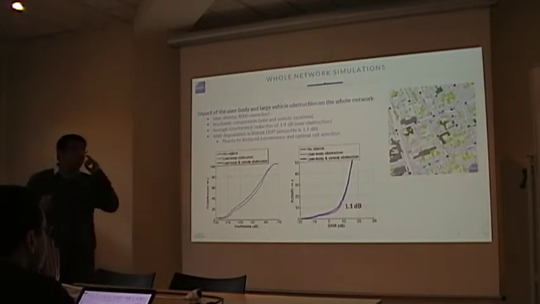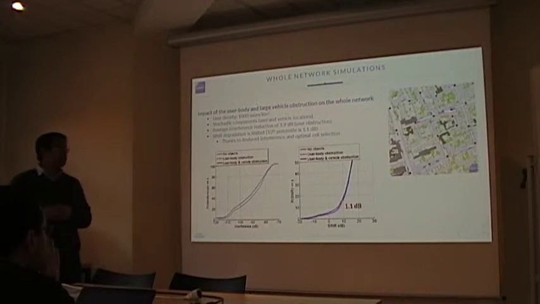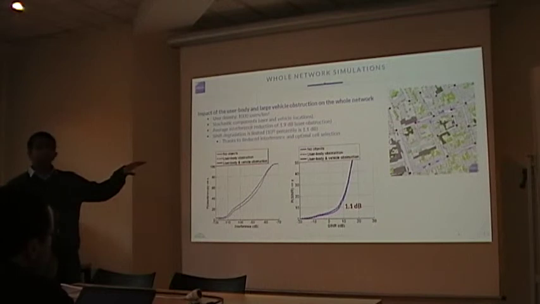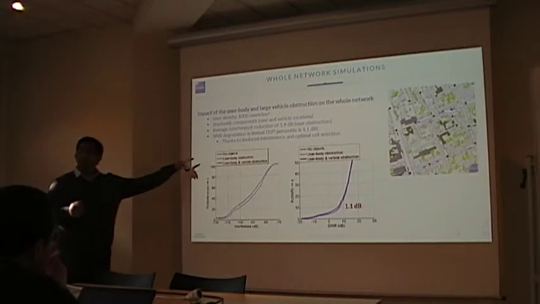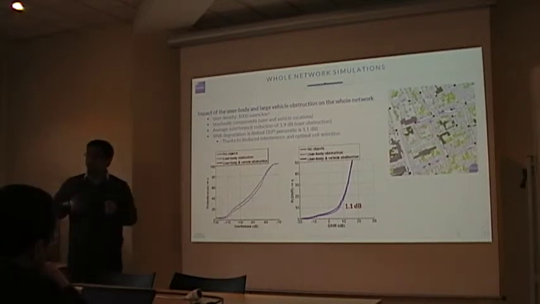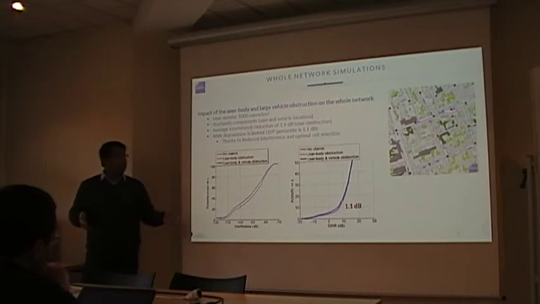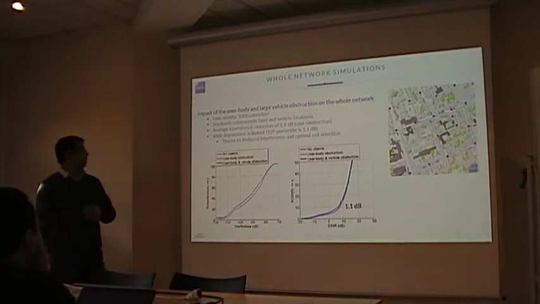Now to move to the whole network simulations, we have the entire network, 18 small cells, including the vehicles and the obstructions. Another interesting thing is when I say no objects, it only means no stochastic objects, so humans and, let's say, the vehicles, but the buildings and the trees and so on are always included.